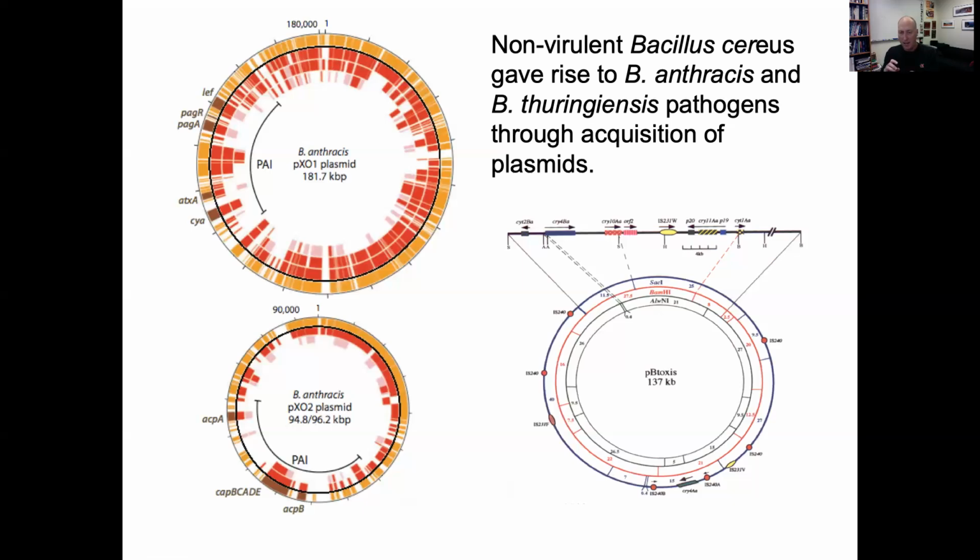And when an insect eats a leaf of a plant that has a bunch of these spores on it, the spores will germinate in the gut at the same time as this crystalline toxin is attacking the gut of the insect, which allows this bacteria then to proliferate and kill the insect and generate a new round of spores. So again, all the harmful genes are encoded on this plasmid. These are all conjugal plasmids.